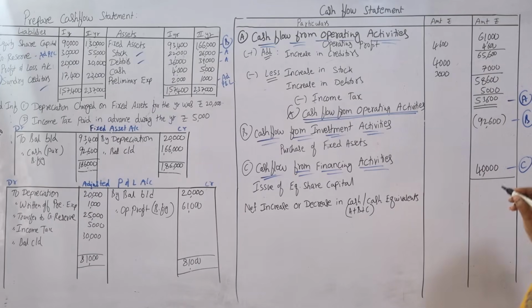How much are we getting? The plus values are 93,600.